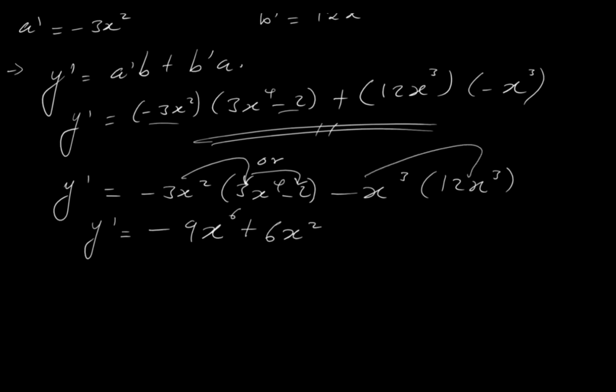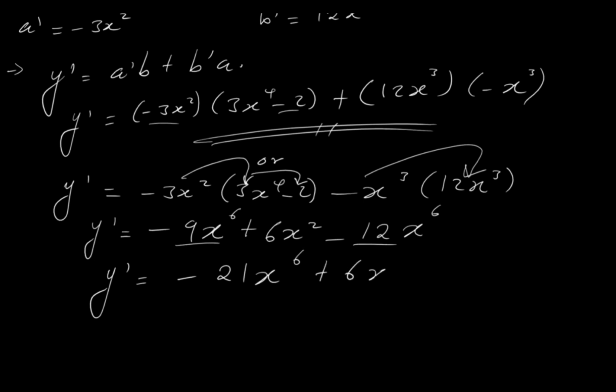Then this multiplies that, and you get a minus 12. The powers, just add them, x to the 6. Collect the like terms, you have this guy and that guy. So y prime is simply going to equal minus 21x to the 6th power plus 6x to the 2nd power. And this will be your gradient.